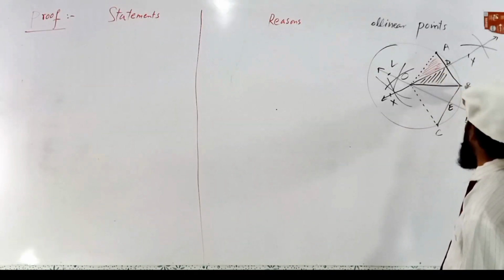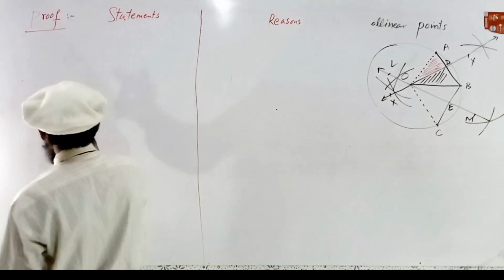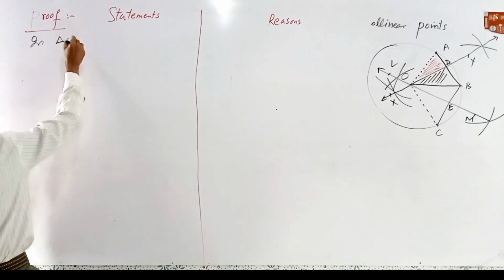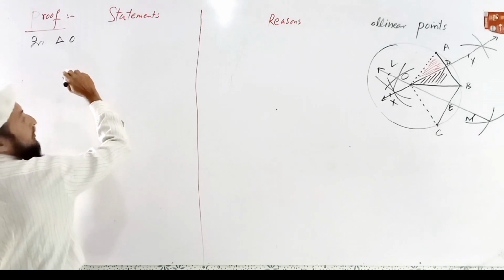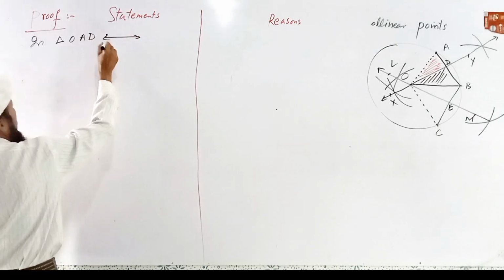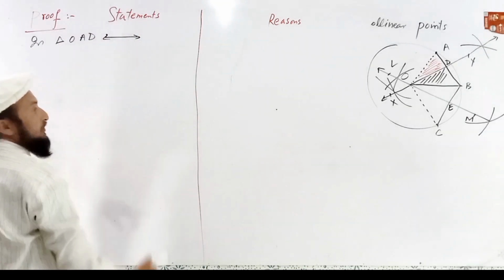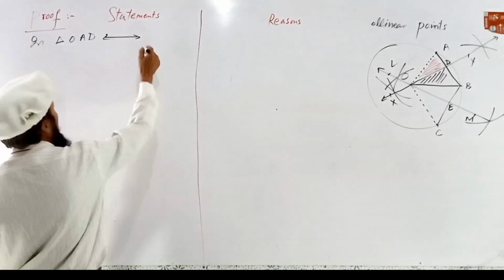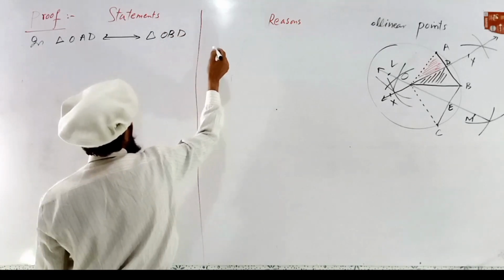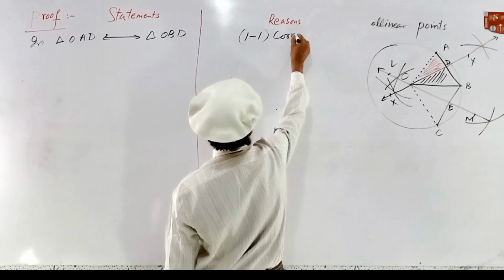Triangle OAD and another triangle OBD. They are in one to one correspondence. That means the comparison to each other of the triangles OAD and OBD, and the reason we can write is one to one correspondence.